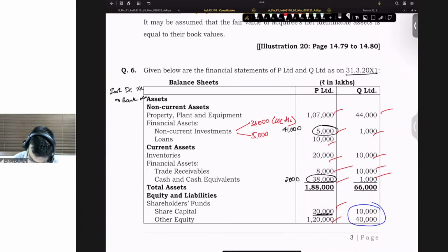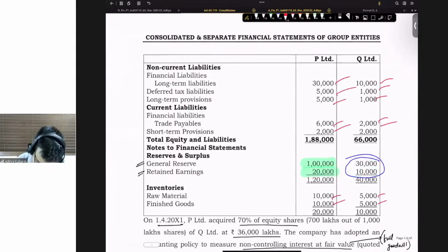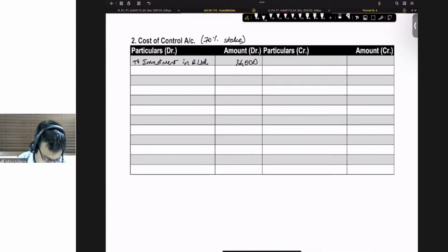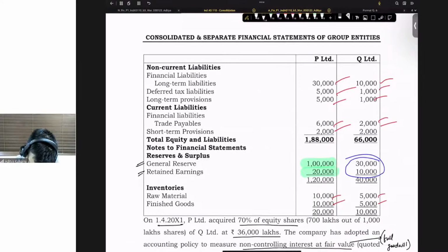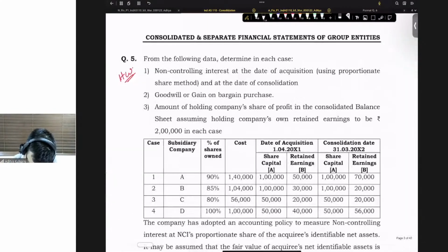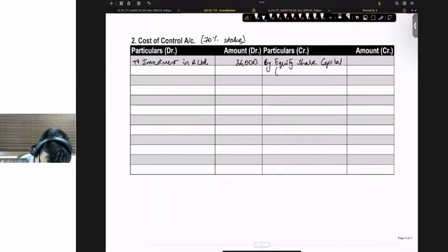Okay, so now let us distribute the equity share capital. What is the equity capital? 10,000. So 10,000 into 70%, 7,000 will come here.